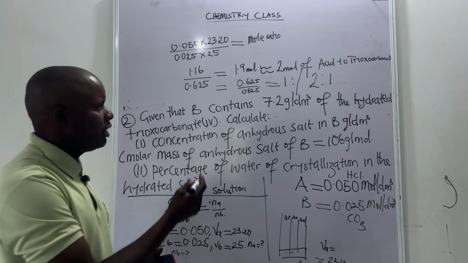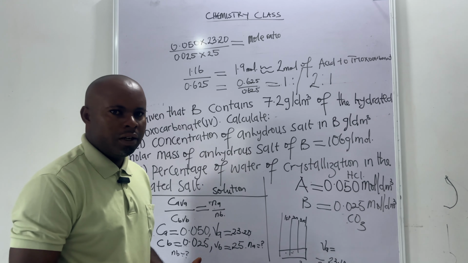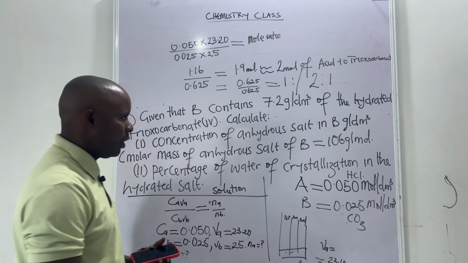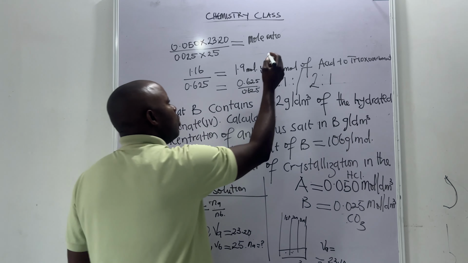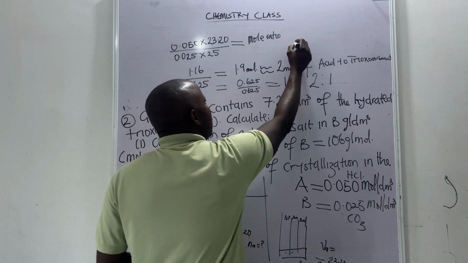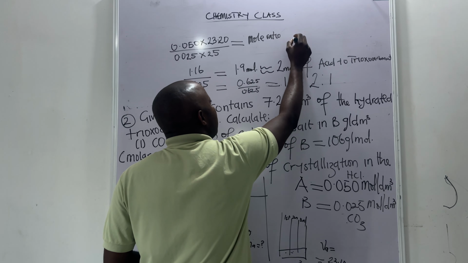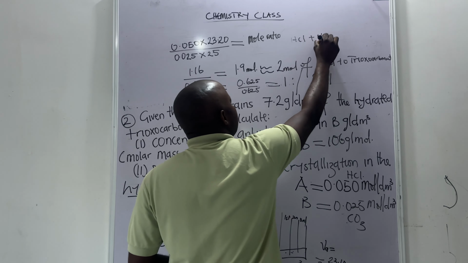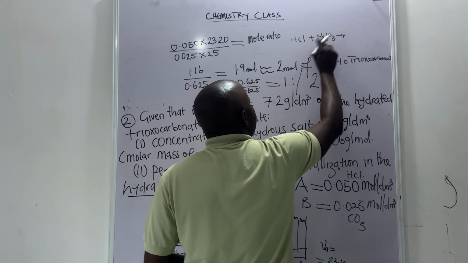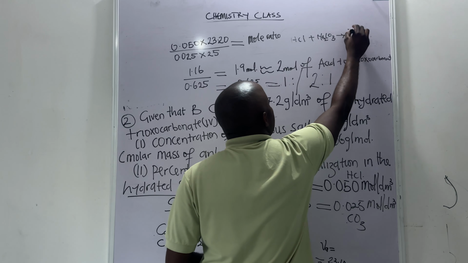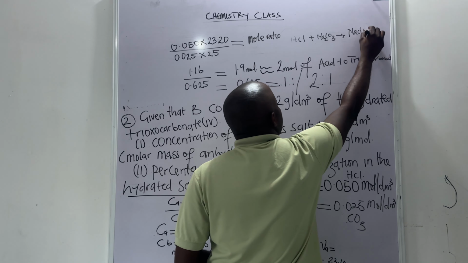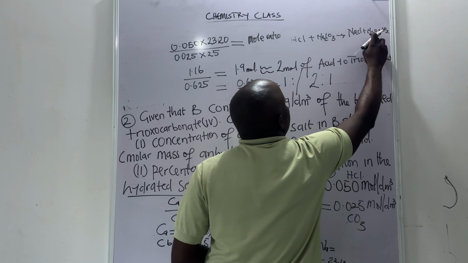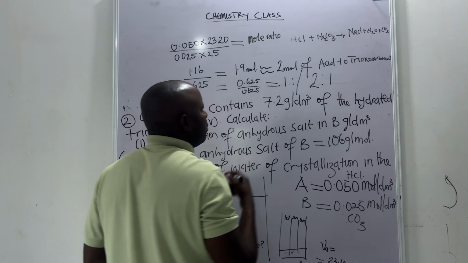That is to say, we can use this to calculate theoretically, checking out the mole ratio of the acid to the base. Whenever we are asked to have a balanced equation with any of the carbonate family, let's say we have HCl plus sodium trioxocarbonate, we can infer we can have sodium chloride plus H2O and carbon dioxide.